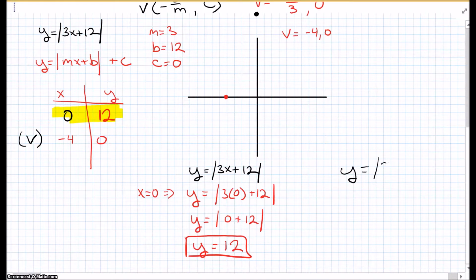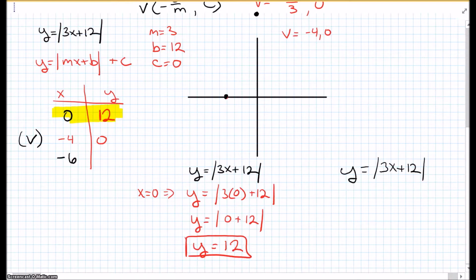y equals the absolute value of 3x plus 12. We know at negative 4 is the vertex. So let's pick a number below negative 4. Alright, it does not matter. Let's pick negative 6. That should be an easy number.